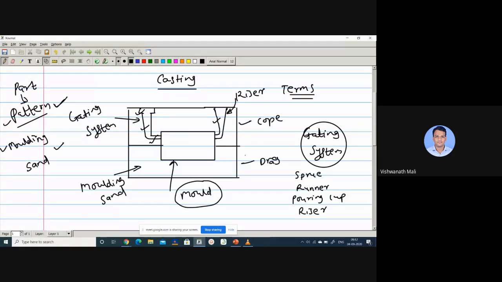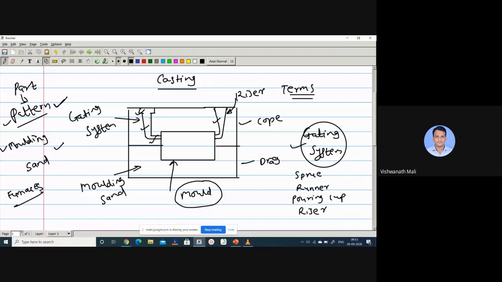After studying the mold design, we will study this gating system. Right? After gating system, we are going to study the furnaces. What are the different furnaces by which we get the molten metal, like cupola furnace, electric furnace.